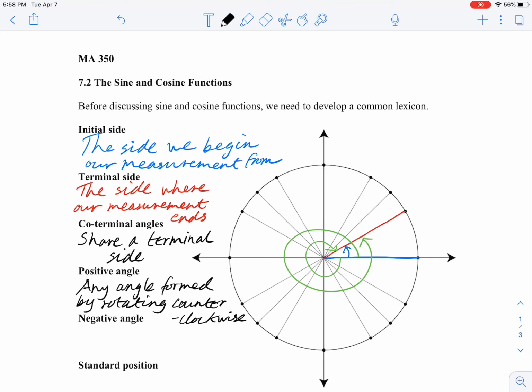So counterclockwise rotation, that is an example of positive rotation.